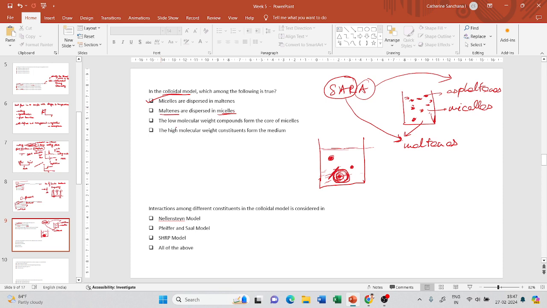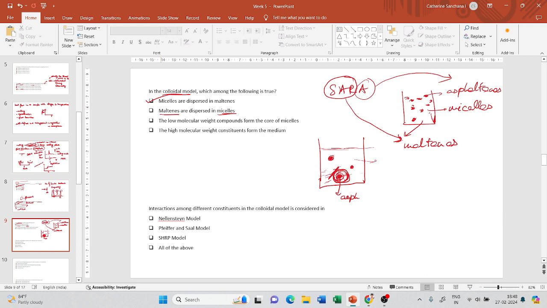Now the third option, which is the lower molecular weight compounds form the core of micelles. What did we see here? The core of the micelles is occupied by asphaltenes, which are higher molecular weight compounds. So the third option is wrong. And the higher molecular weight constituents form the medium. So surrounding the micelles is the medium, right?